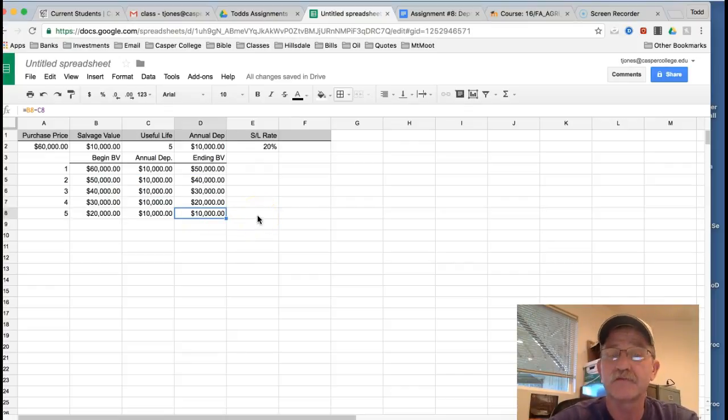Because our salvage value is 10,000. Now put this in quotes. Remember this to the end of times is the fact that you cannot actually depreciate an asset past its salvage value. What we're saying, or implying, is that that asset will not depreciate less than 10,000. Okay, so that's how you do straight line depreciation.